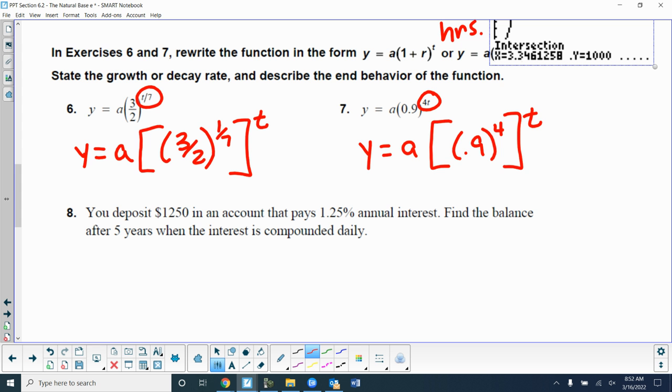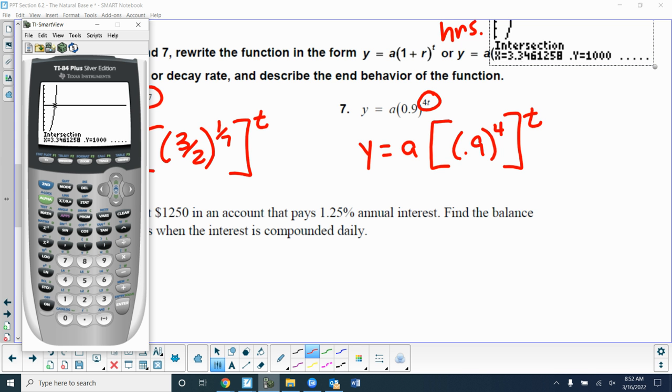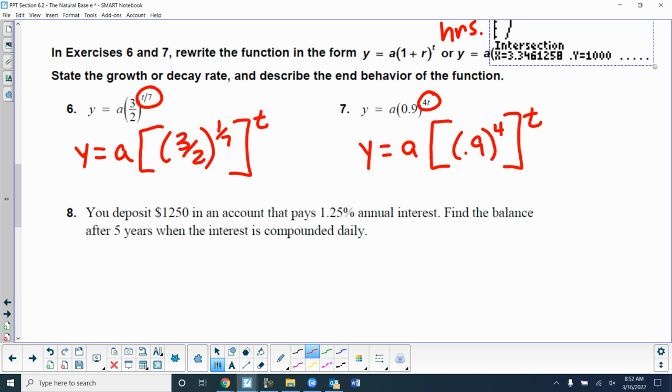All right, so 3/2 to the 1/7, you just put in your calculator. 3/2 is 3 divided by 2, caret, and again, I have to put fractions in parentheses. So that's 1.06, we'll just make it. Is that growth or decay? That's growth, right? We figured it would be because 3/2 is bigger than 1.